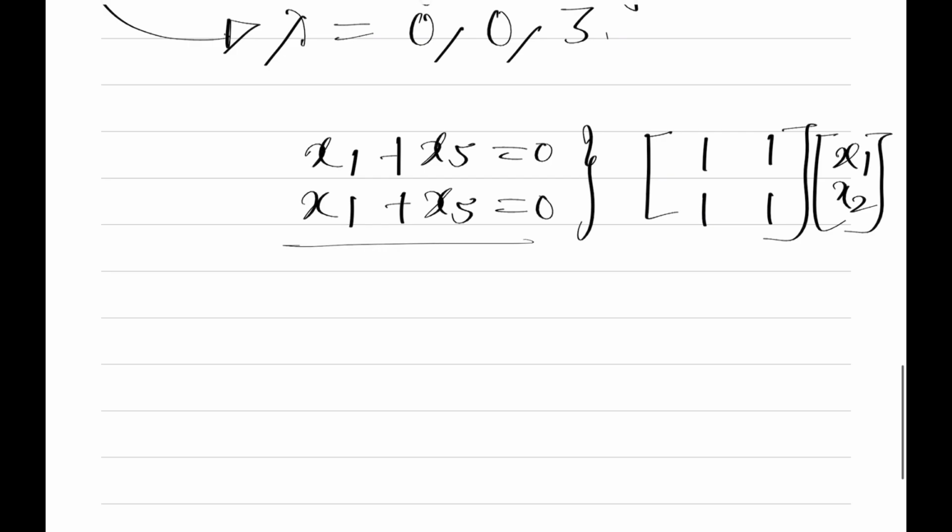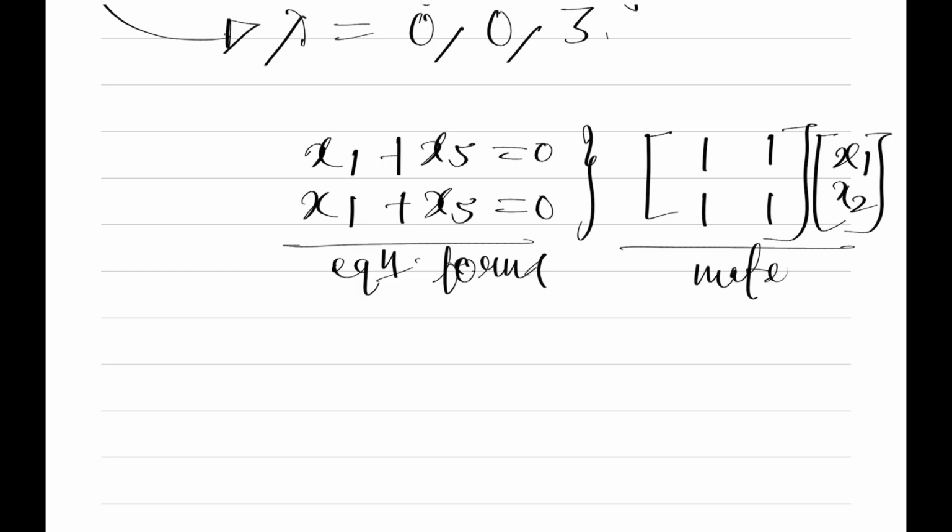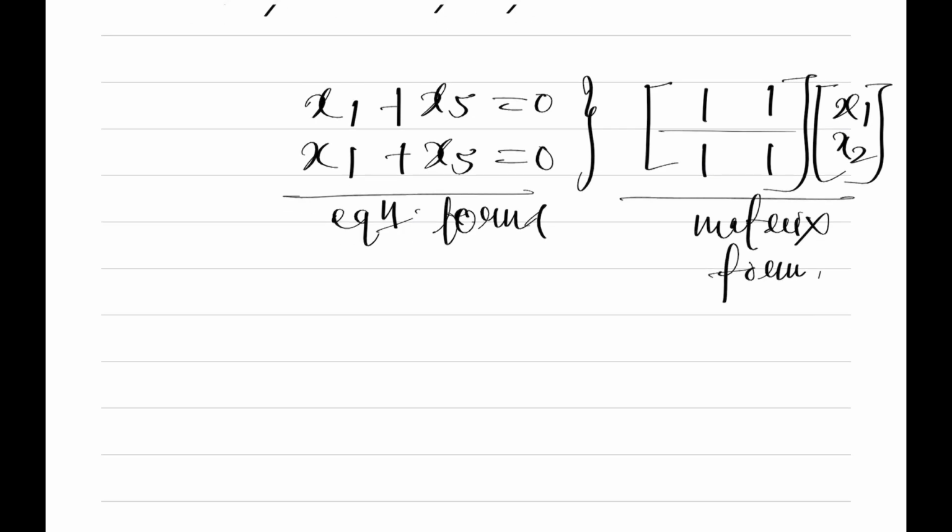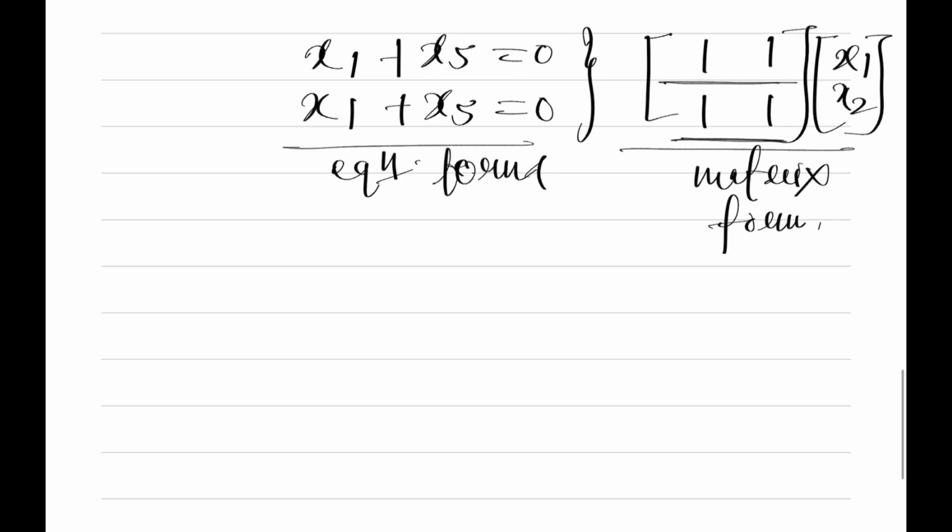This is our equation form and this is our matrix form. We have two identical rows, which means one eigenvalue is 0, and the sum of each row is 2, so one of the eigenvalues is 2.